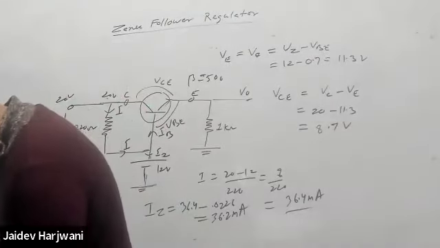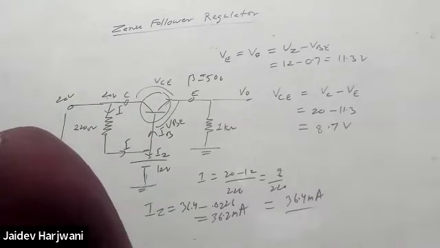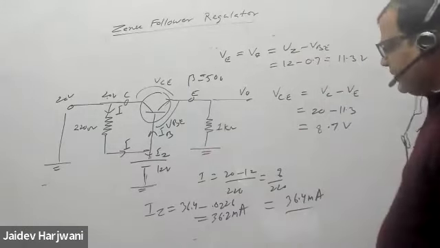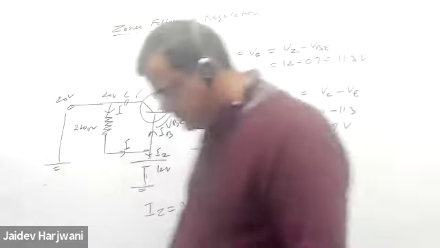And you can find other parameters also if you want. Okay. So this is your voltage regulator circuit. So it's simple. Now we'll go to the next application.